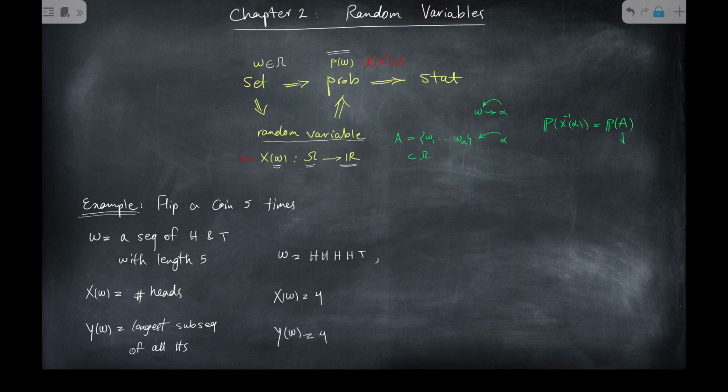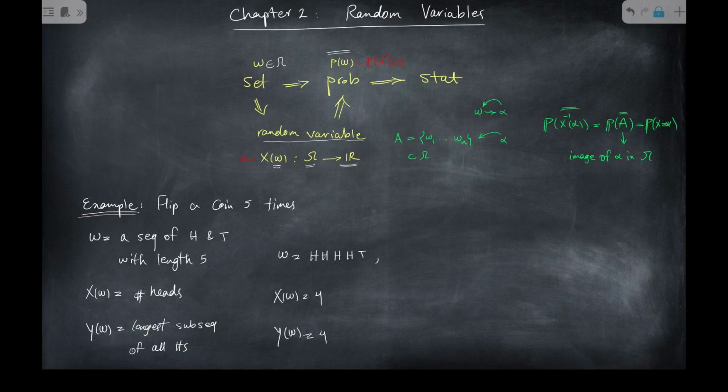This is the image of alpha in the sample space. Basically, you're representing this set in another way using X. Okay, so in short, we write it as probability of X equals alpha.